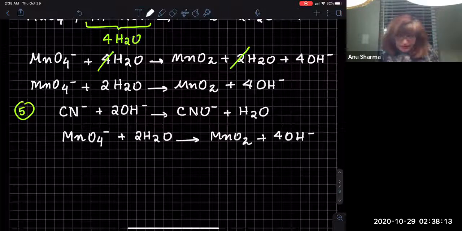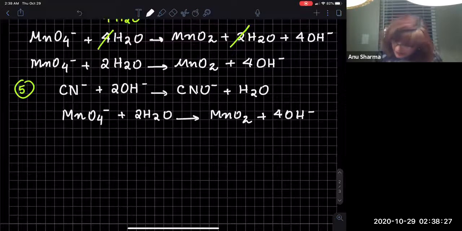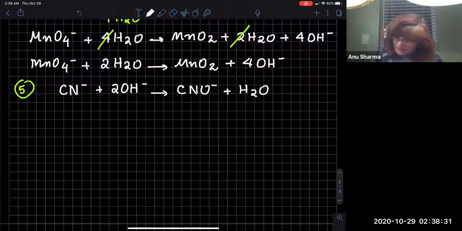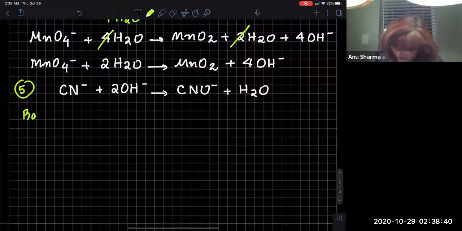The number of electrons is coming from the charges. So let's get the charges also of these. Look at the charges first. That's how we are going to get the electrons. Balance the electrons.